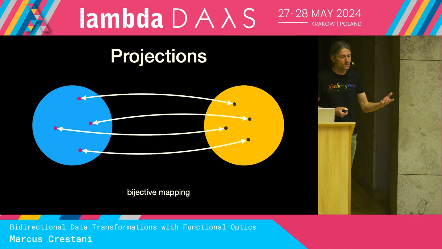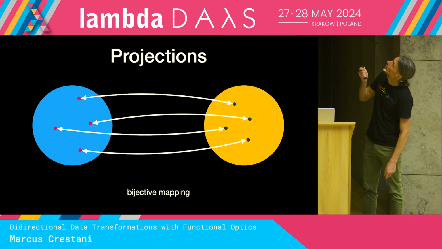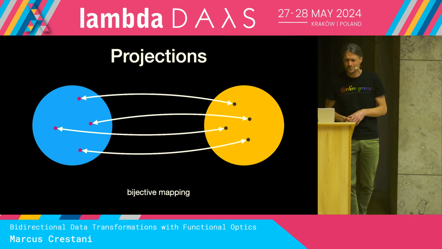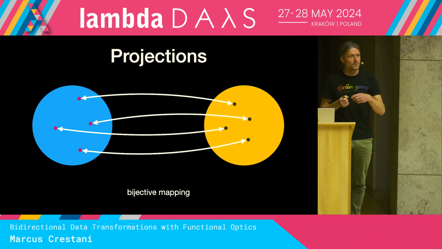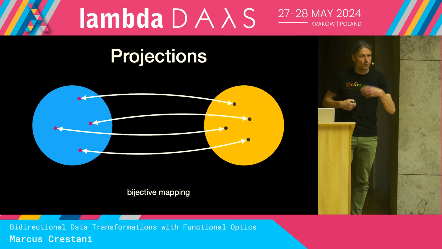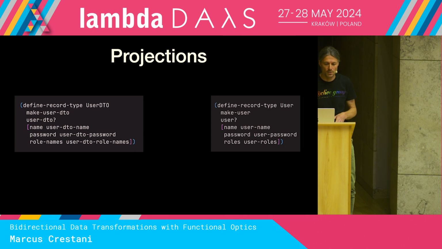And the dots are the elements in the structures, and the arrows show the mapping between the structures, between the elements, to be more exact. And the arrows point in both directions because they can be reversed by an inverse mapping. So like simple math, and that's what we'll use for our bidirectional transformations.